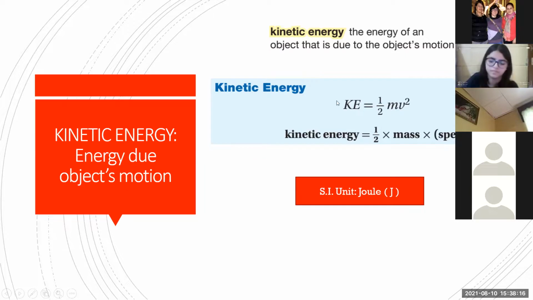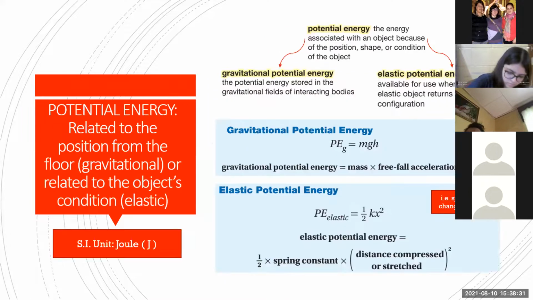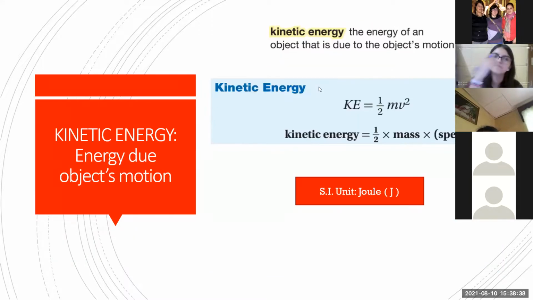KE stands for kinetic energy, and the formula is 1/2 or 0.5 mass times the speed that the object has raised to the second power. So that will be the energy of an object that is related to the motion.